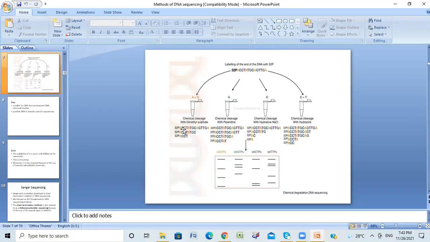Getting nothing, so that's why this fragment is not coming. When the cut is at A, these are the fragments you'll be getting. When the cut is at G, these are the fragments. When the cut is at C, these are the fragments. And when the cut is at T, these are the fragments.